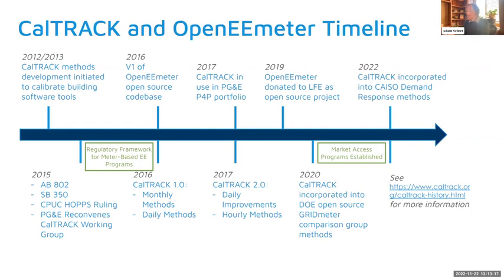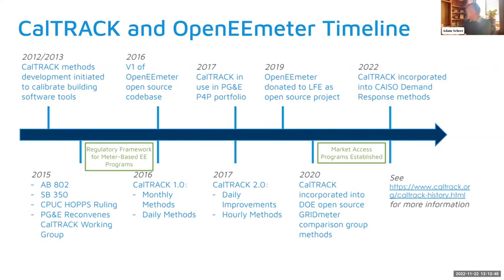So around that time, leading into 2016, PG&E led the effort, and a number of contributors were part of that effort to establish the CalTrack 1.0 methods. These methods were focused on monthly and daily data. Along with those methods came the first version of the OpenEEmeter open source code base, which still exists today and is in use every day.